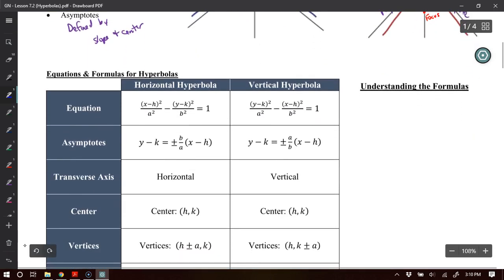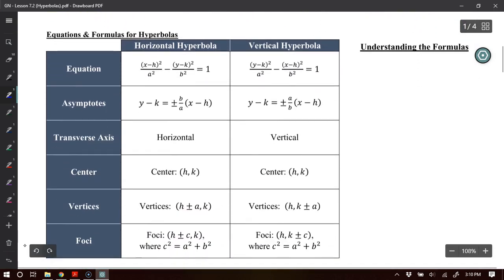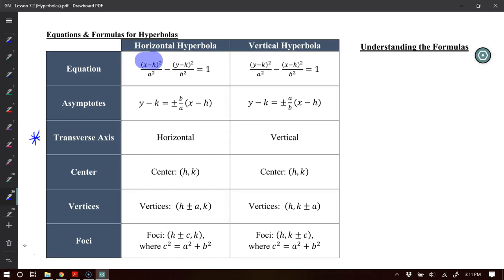So our formulas. Now, unlike what I did for ellipses, I'm actually going to start with the equations on this one. So a horizontal hyperbola is defined by the transverse axis. So the transverse axis would be horizontal if it's opening horizontally, and vertical if it's opening vertically. If I start with the equations, notice that your x minus h squared starts off for horizontal, but the y minus k squared starts off with the vertical.